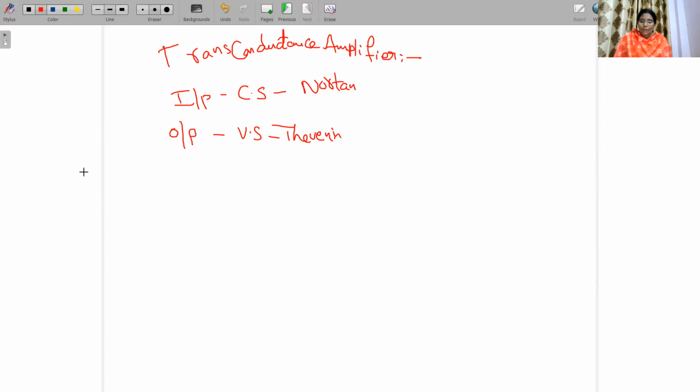Current source is nothing but the Norton equivalent model, that is the transconductance amplifier. Here you have to represent this transconductance amplifier.